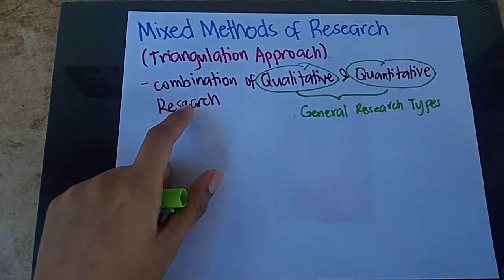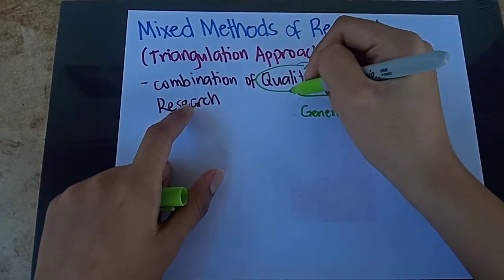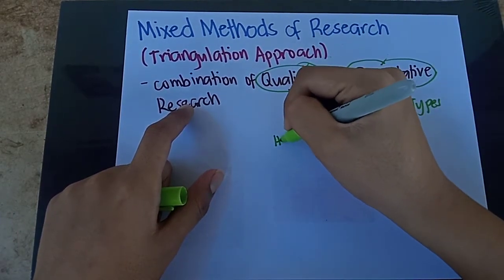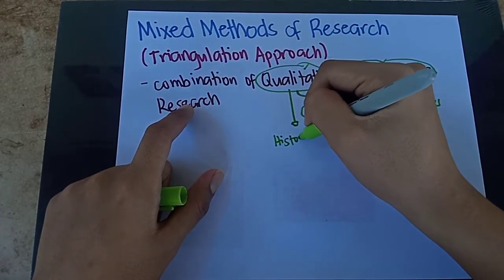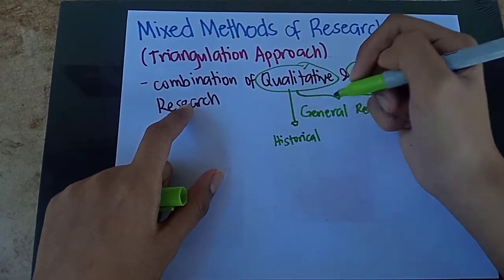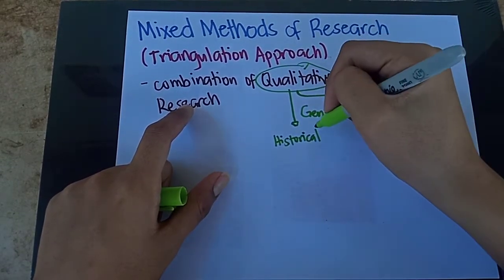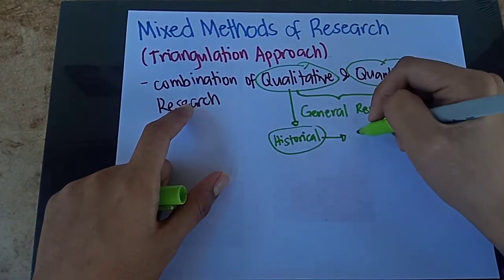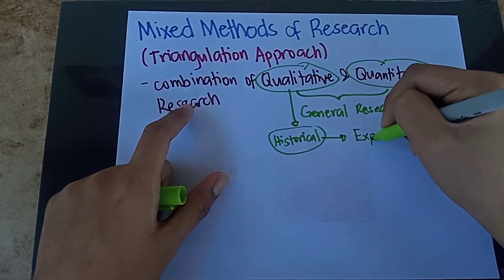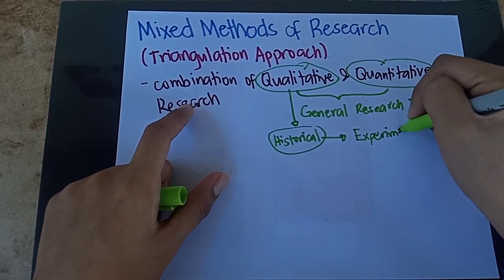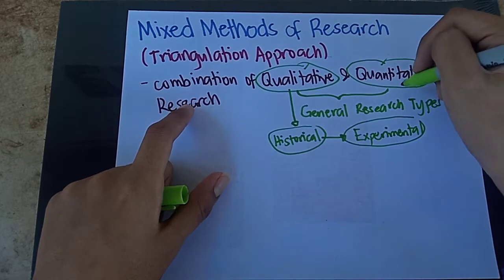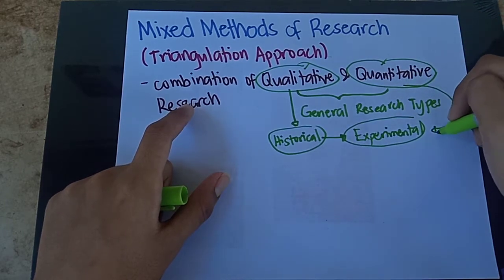So let's say for instance, you have a qualitative research which is historical research. And then you want to use the knowledge in historical research to conduct an experimental research. Now, this experimental research will fall under quantitative research.